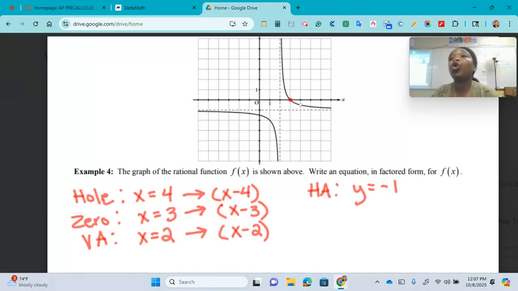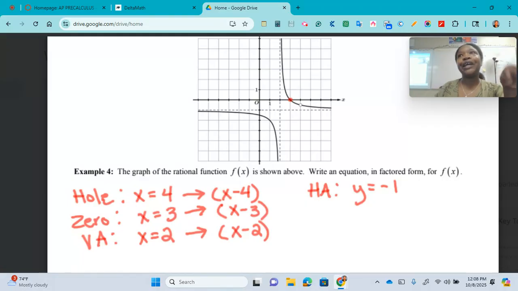So what does the horizontal asymptote represent? What does that tell me about the degrees? They're either the same or the numerator is greater.